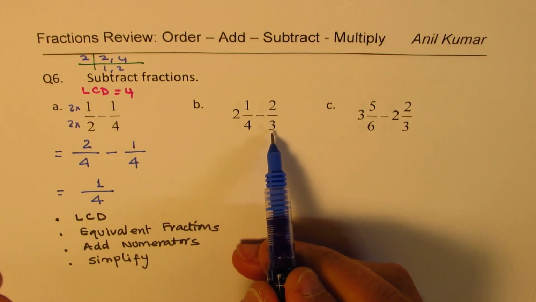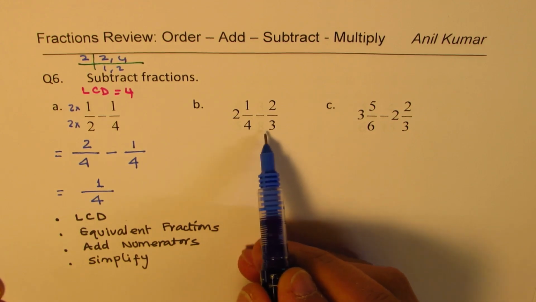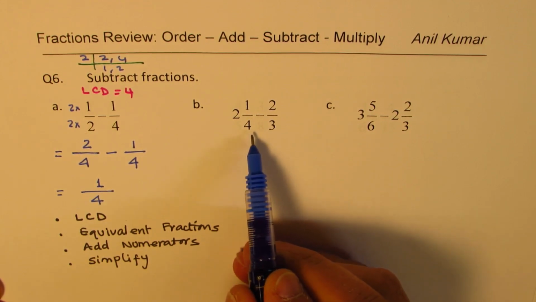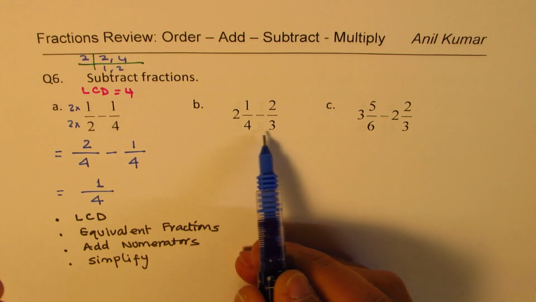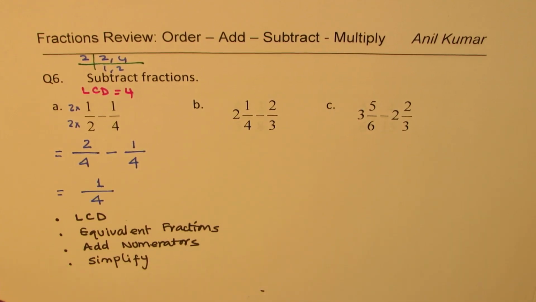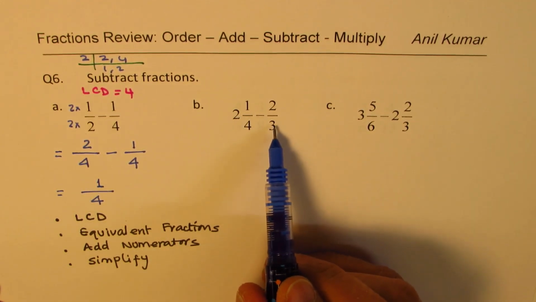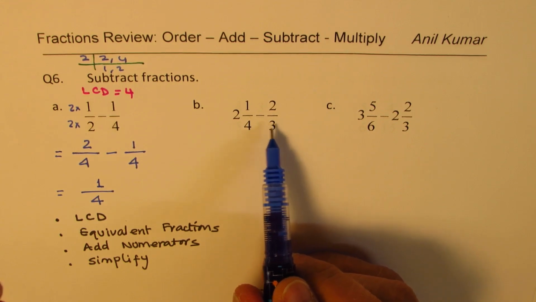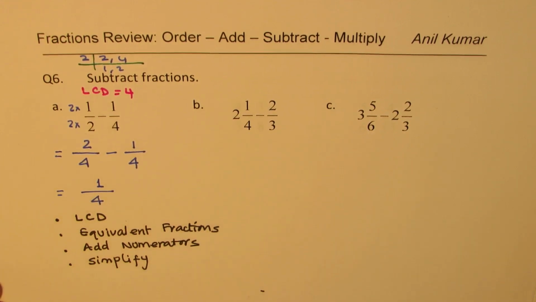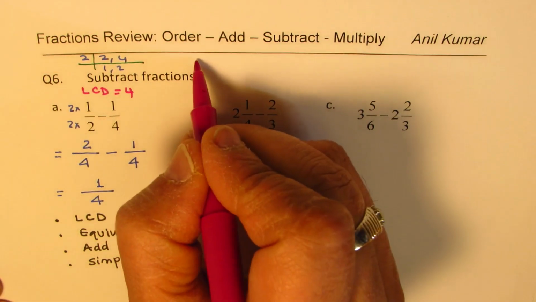Now 4 and 3. 3 is a prime number. So basically, since 3 is a prime number, we know that the common denominator is the multiple of both of them, which is 12. Is that okay? Now when it comes to mixed numbers, there are different approaches. However, for me, if there are mixed numbers, then we have an added step.